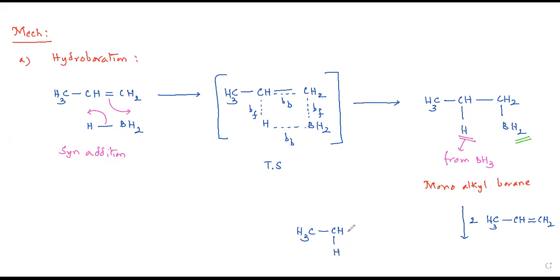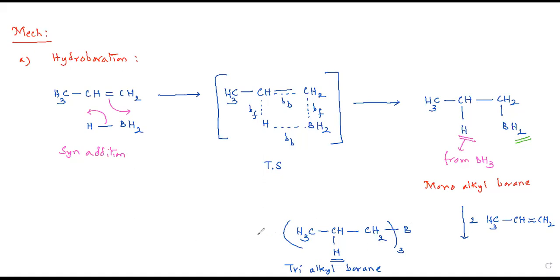These all hydrogens are from the BH3 only. Every time a hydrogen gets connected, CH2 will always be there. Overall, you will have three such things, and this boron. So this is how we get trialkyl borane.